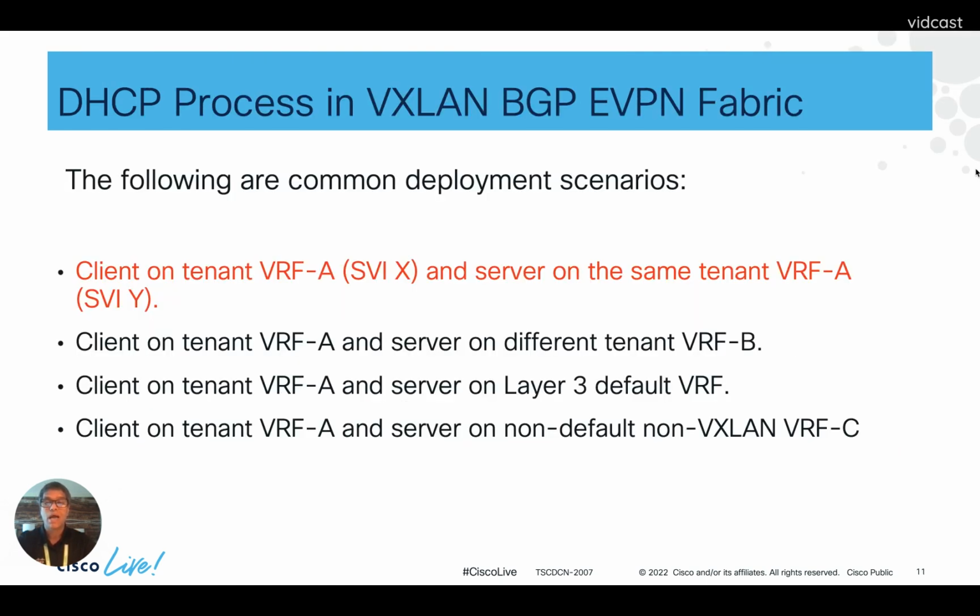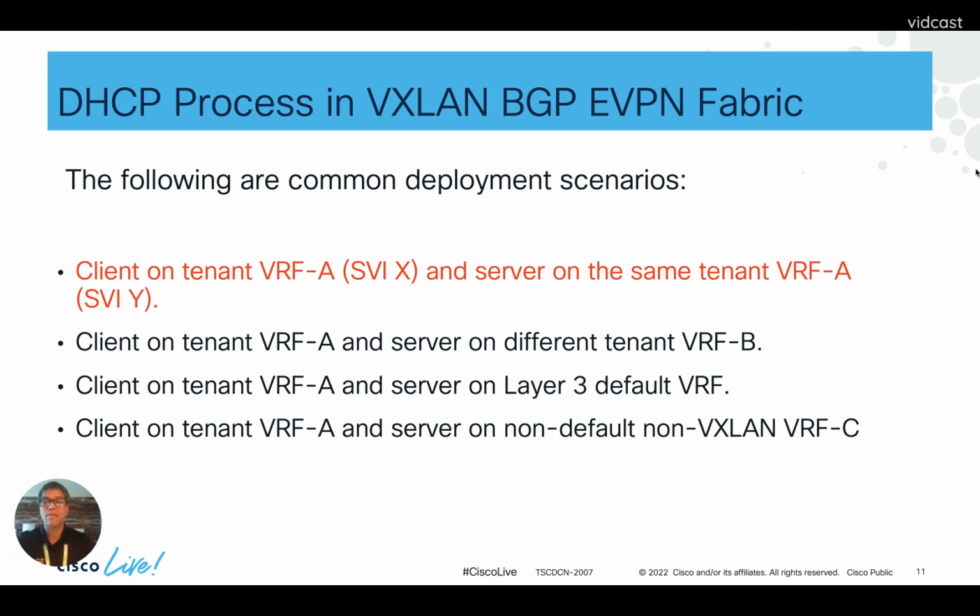Option 1: client on tenant VRF-A and server on the same tenant VRF-A, but client on VLAN X and server on VLAN Y. The second option can be client on tenant VRF-A and server on a different tenant VRF-B. The third option can be client on tenant VRF-A and server on the layer 3 default VRF.